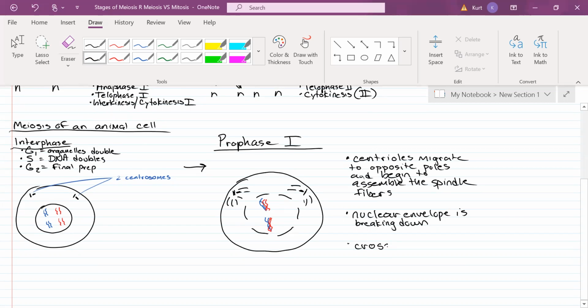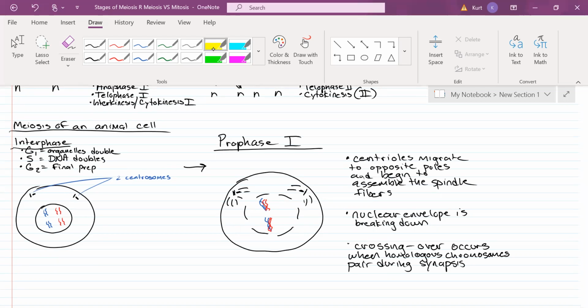So this is going to be called crossing over. Crossing over occurs when homologous chromosomes pair during synapsis.